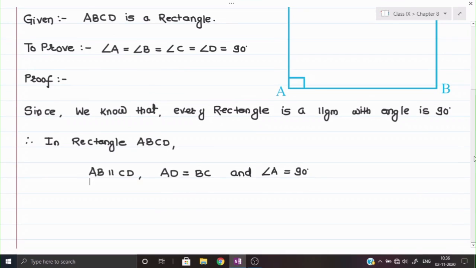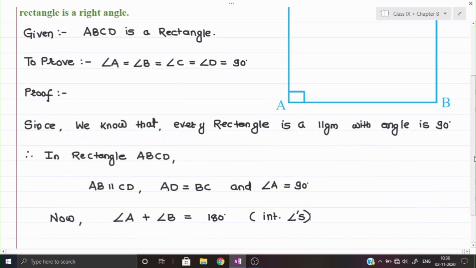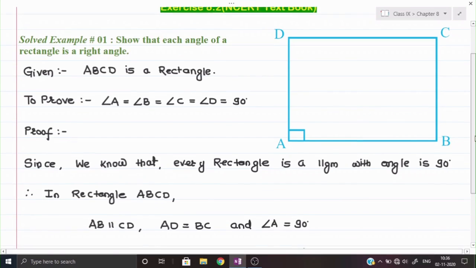So here we shall say now angle A plus angle B is equal to 180 degrees. How can you say that? You observe angle A and angle B are interior angles, and these interior angles are made on parallel lines. You can check in the rectangle ABCD, angle A and angle B are interior angles, so their sum will be equal to 180 degrees.